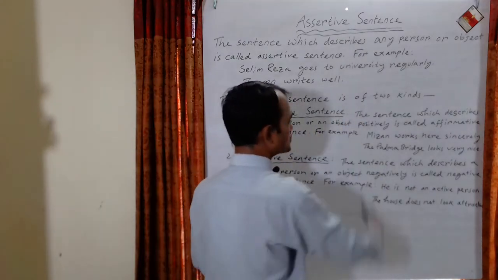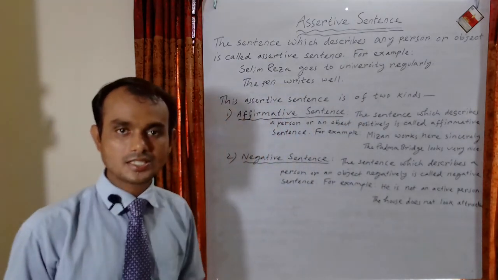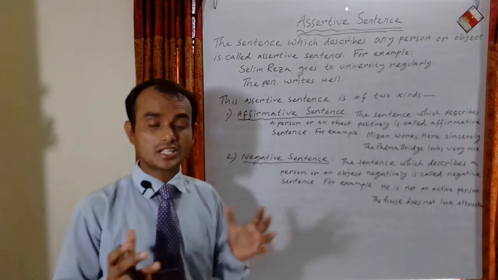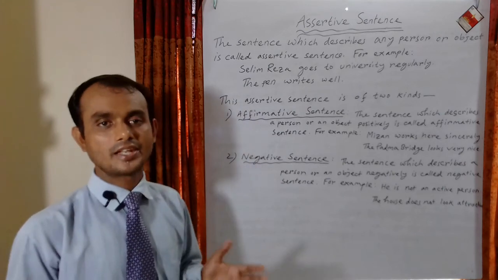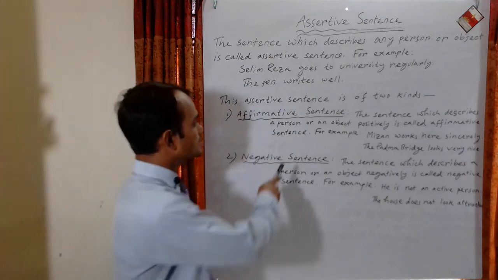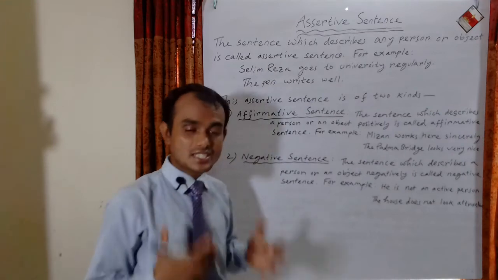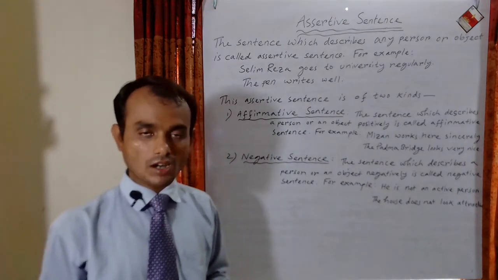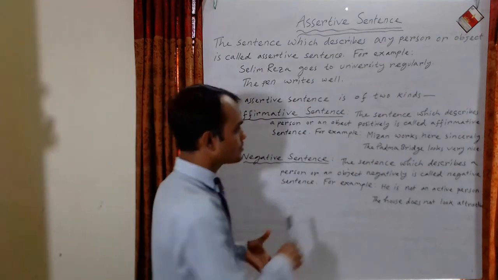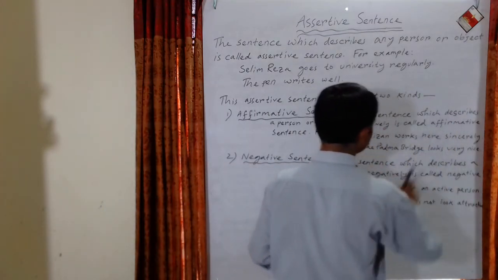Assertive sentence or statement sentence or declarative sentence is of two kinds: affirmative sentence and negative sentence. What is affirmative sentence? The sentence which describes any person or any object positively is called affirmative sentence. For example, Mijan works here sincerely.